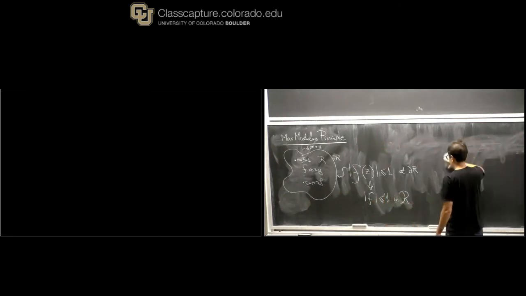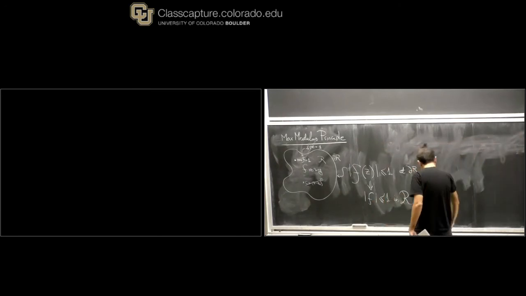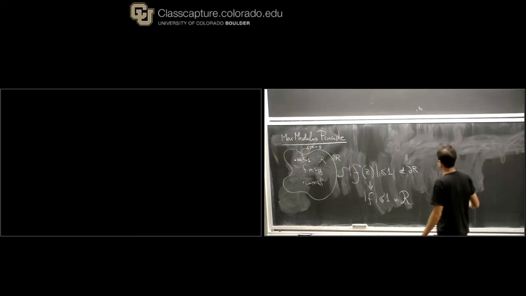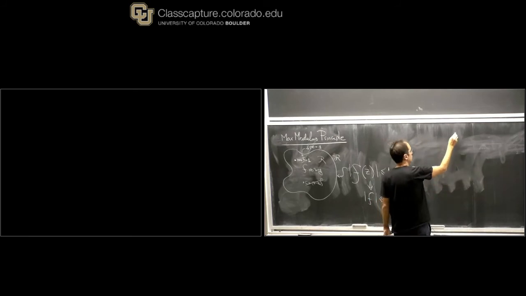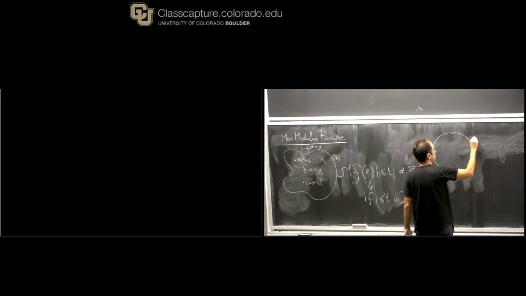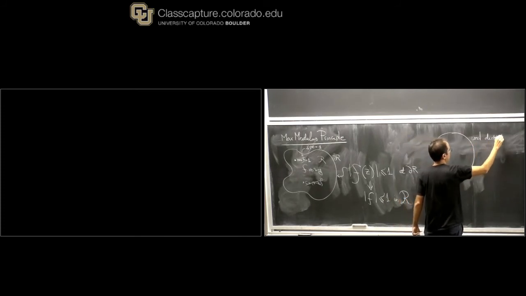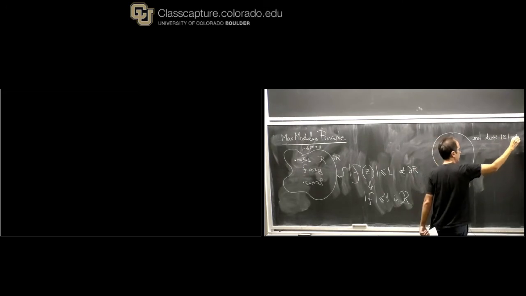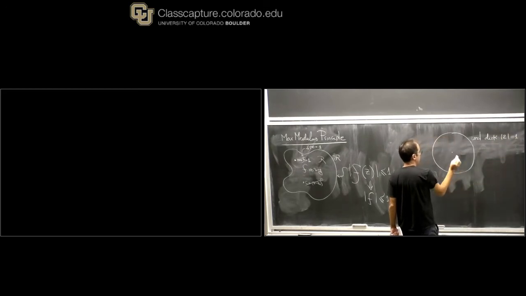Now the kind of functions that we are dealing with, for example, in these S matrices, they have poles, like poles at the bound state. We are not dealing with functions that have no singularities. So here is a better toy model for something that we might want to do. Suppose I have a region, let's say it's a unit disk. So this is the unit disk, absolute value of z equal to 1. And now I have a function that has a pole.